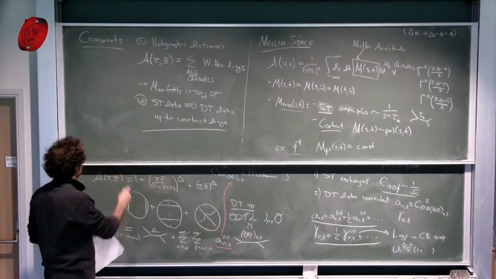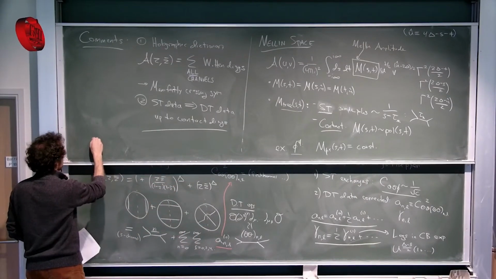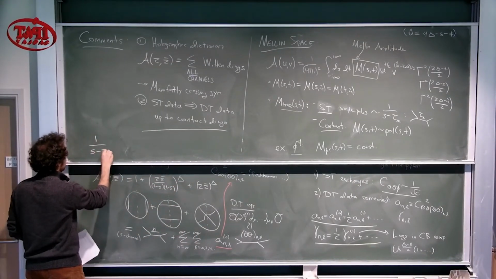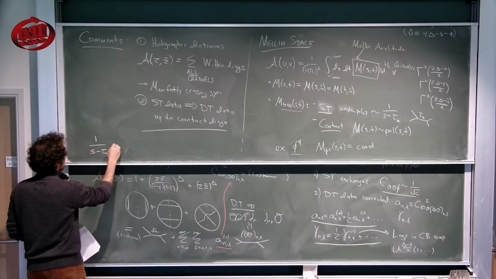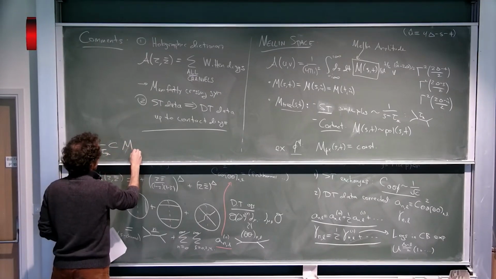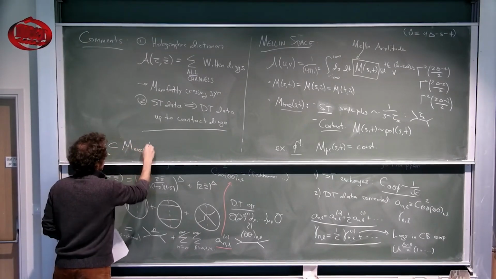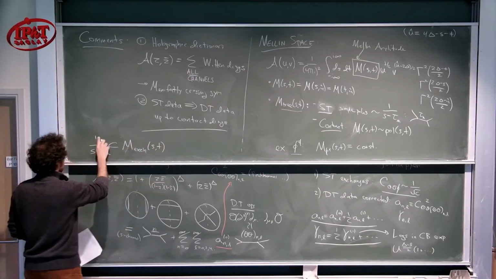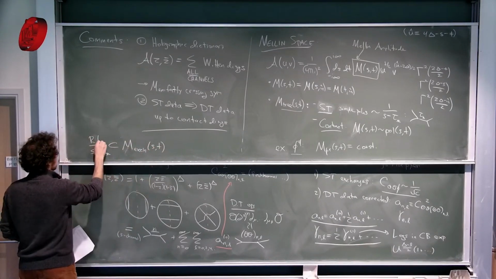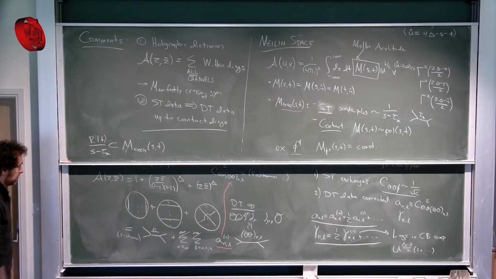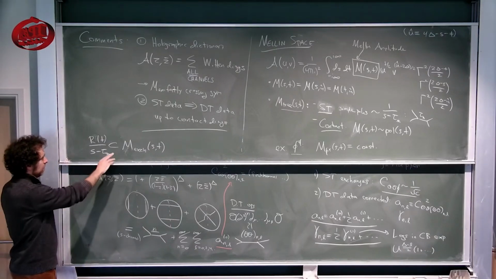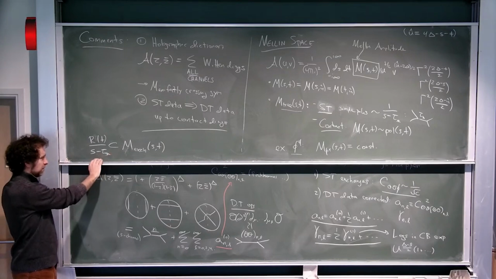If you have some pole in your Mellin amplitude, with residue a polynomial in t, the fact that this is a shift matters.